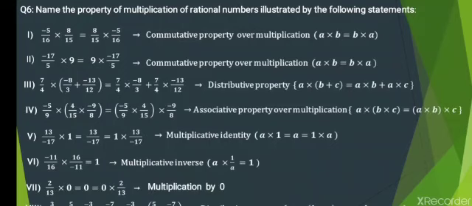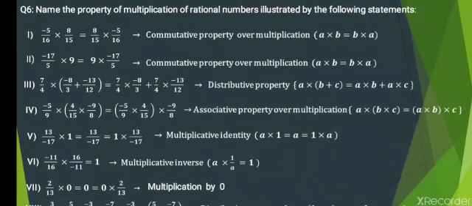Okay. Third part is 7 by 4 into bracket starts minus 8 by 3 plus minus 13 by 12 bracket closes is equal to 7 by 4 into minus 8 by 3 plus 7 by 4 into minus 13 by 12.